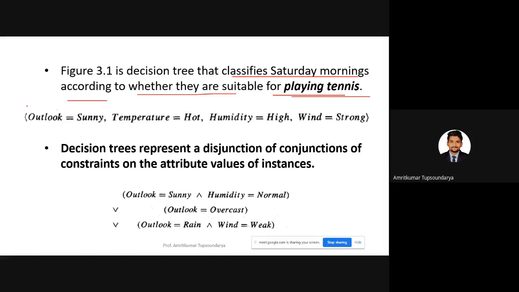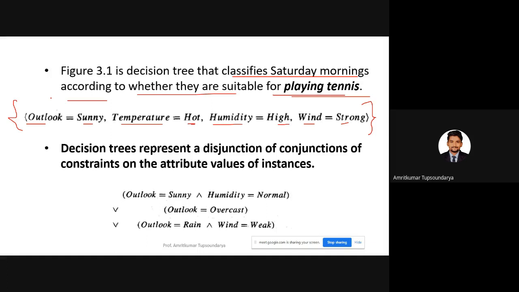So let's say in this decision tree we have an instance here: outlook which is sunny, temperature which is hot, humidity which is high, and wind strong. For this instance, we can say that it would be sorted down the leftmost branch.